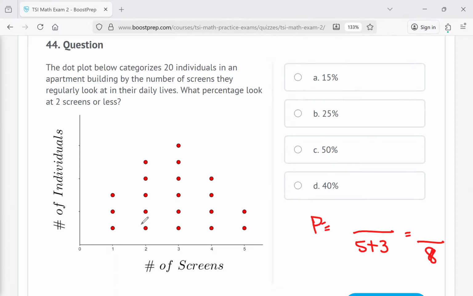Oh, duh, I got this mixed up. We put eight on the top because that's how many people have two screens or less. And then we put 20 on the bottom because they said it was out of 20. So 8 out of 20 times 100 is going to give you 40%. Okay, so yeah, letter D.